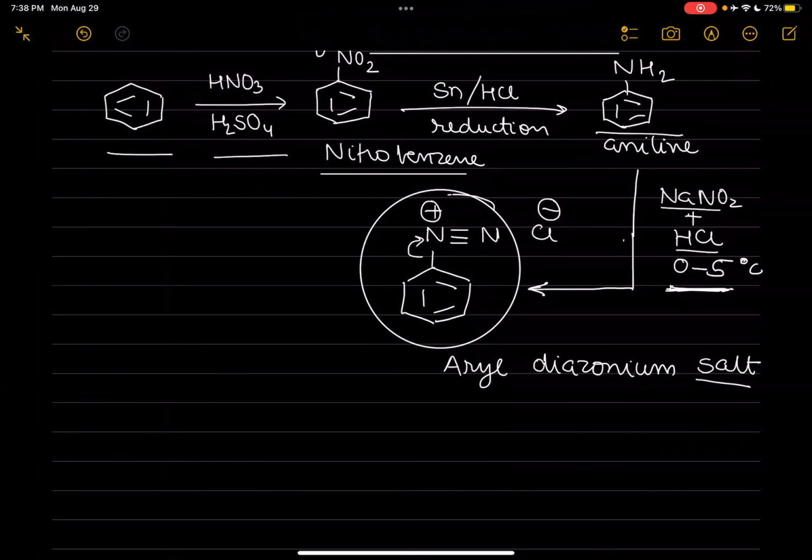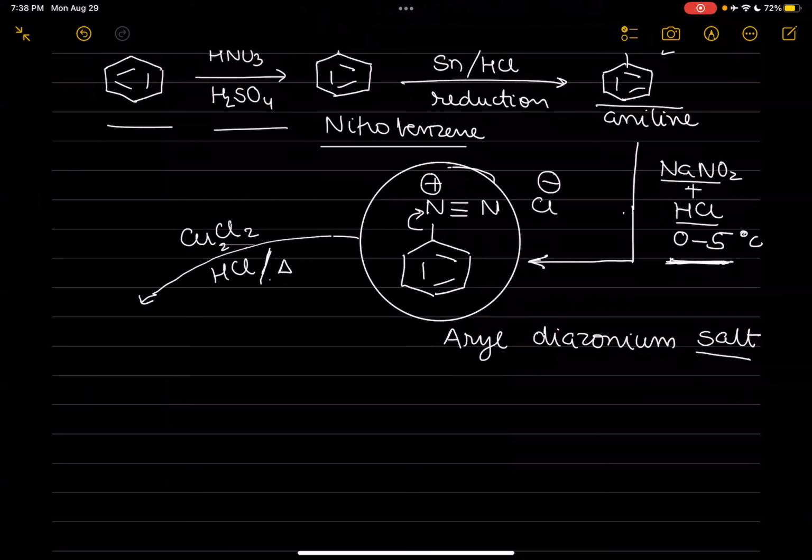Suppose you want to put Cl, you can use CuCl plus HCl, or Cu2Cl2 and HCl and heat. Because you are heating, the N2 will come out and the Cl from CuCl or HCl will join itself to the benzene ring.